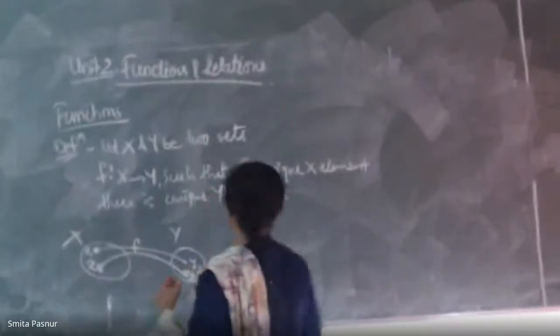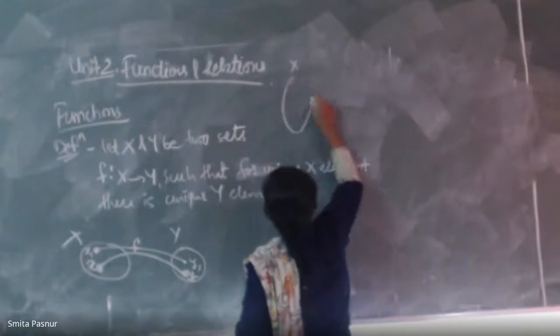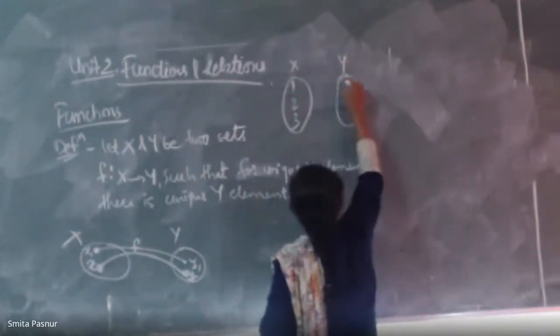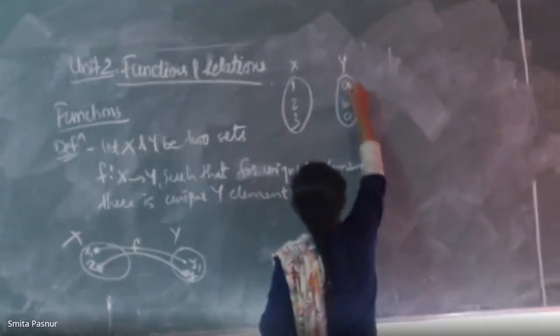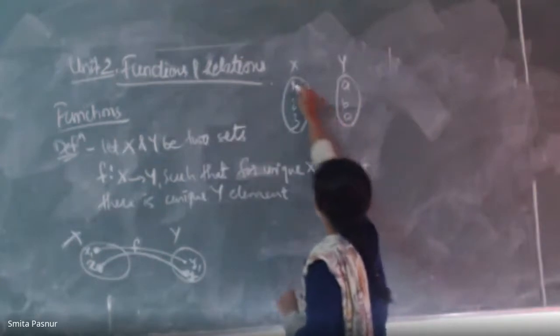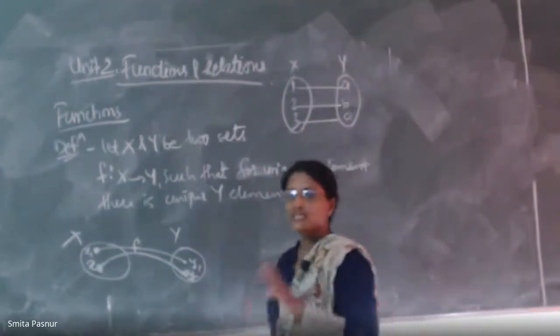Right? See now, for example, suppose the x elements are here, 1, 2, 3, and the y elements are here, A, B, C. Okay, so these are x elements and these are y elements. Now if I show it like this, this satisfies the definition.